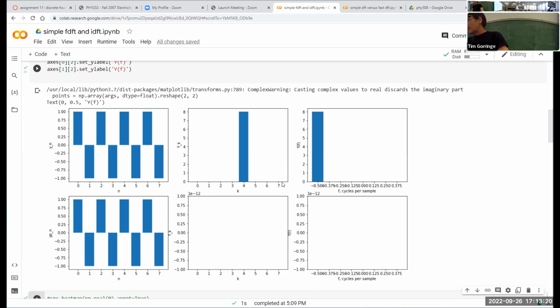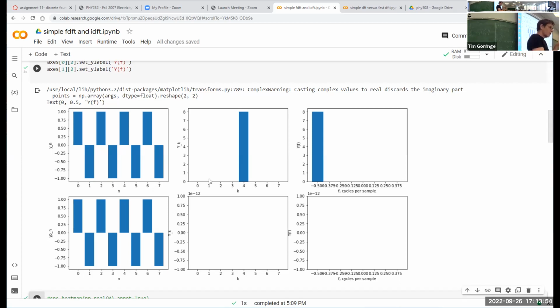Then we've got 7 other points. The highest frequency you can see in discrete data is called the Nyquist frequency, and that frequency corresponds to a period of 2 samples.